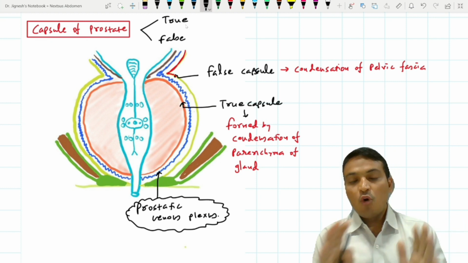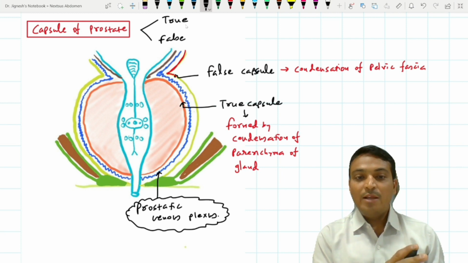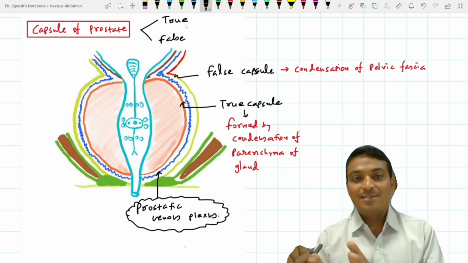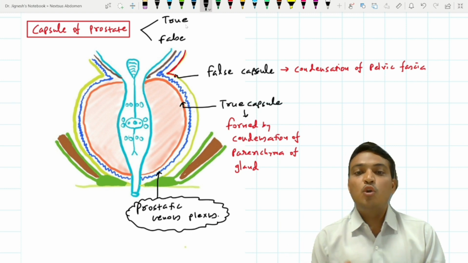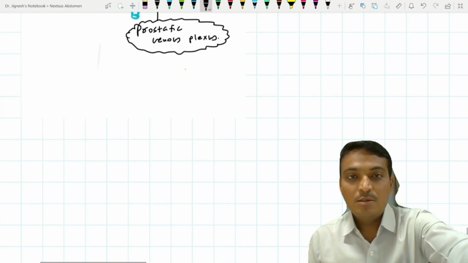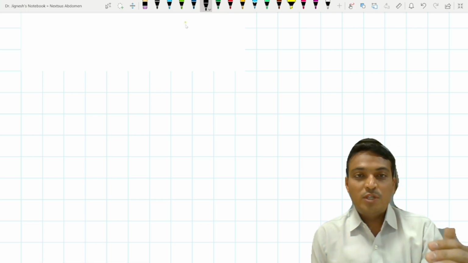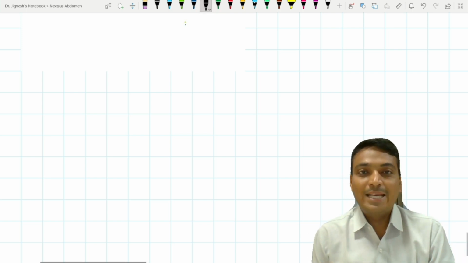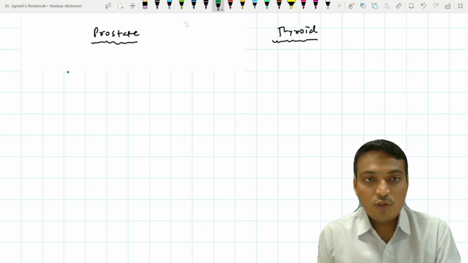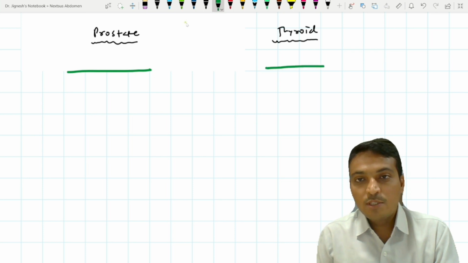Now another organ, the thyroid gland: when we compare this prostatic venous plexus with the thyroid venous plexus, the thyroid venous plexus is situated deep to the true capsule. So for that, let's have a small figure for understanding both the capsules. Let's compare the prostatic venous plexus with the thyroid venous plexus. Here the prostate has one false capsule and the thyroid also has one false capsule.